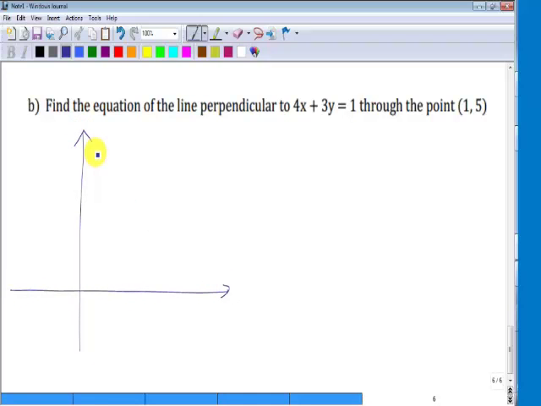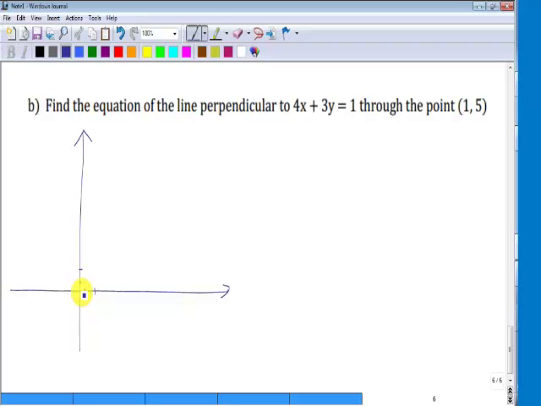Maybe. So a line 4x plus 3y equals 1. I'm going to go with 1 right there. And let's see if I can come up with the line. The x-intercept is 1/4. The y-intercept is 1/3.